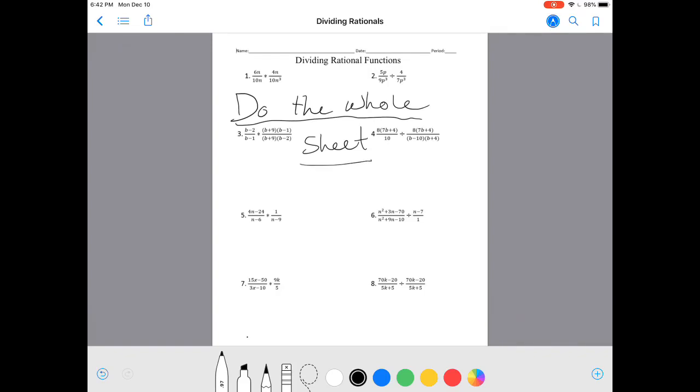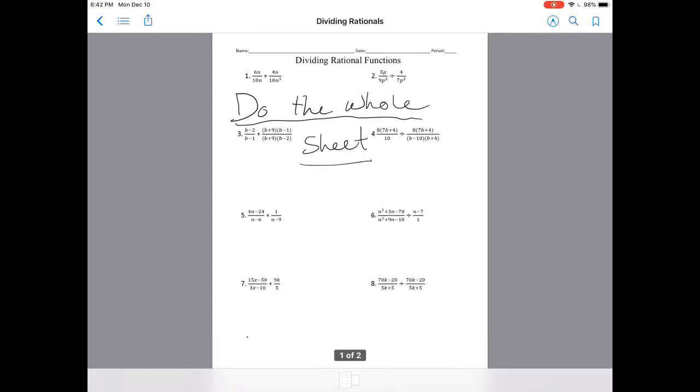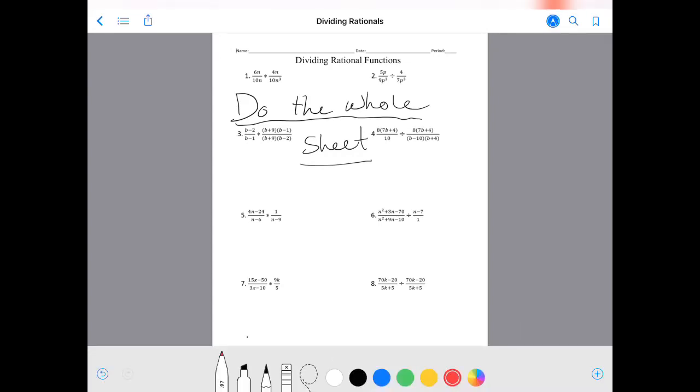Now, take a look at the different symbols on the worksheet. You should notice that on the left-hand side, we have multiplication symbols. And on the right-hand side, we have division symbols. So you're going to be doing a combination of the past two lessons that we've had. For the odd problems on the front of the worksheet, you're going to be practicing your multiplication skills. For the even problems on the worksheet, you're going to be practicing your division skills.